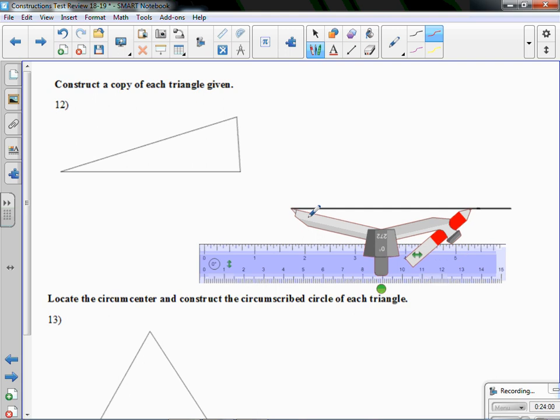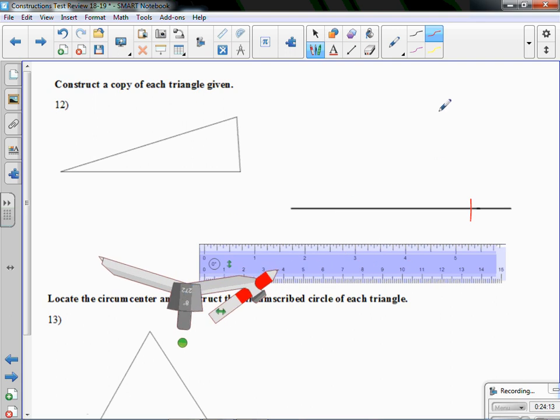So I'll put the point of my compass here at this point. Mark off that length, like so. Erase this part past the segment.